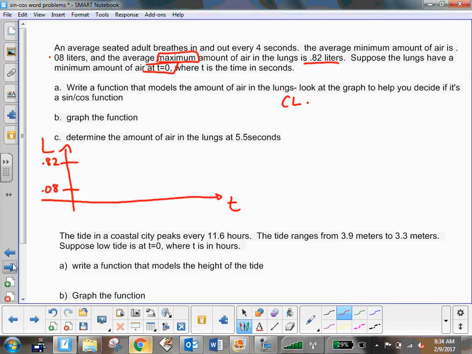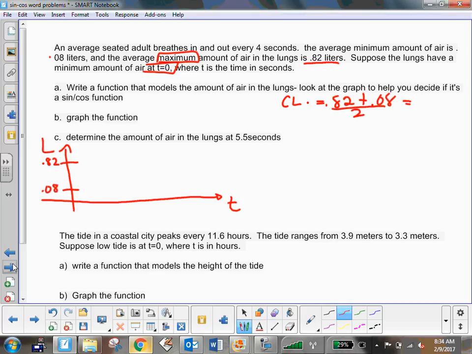We're going to take 0.82. Now, how do we do this? How do I figure out my center line? Am I going to add or subtract 0.08 if I want the average? I'm going to add 0.08 and divide it by 2. All right, what is that?